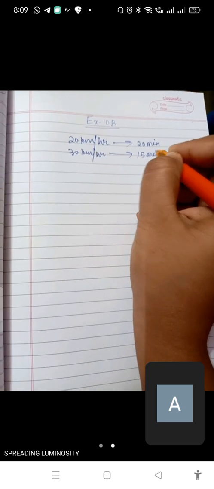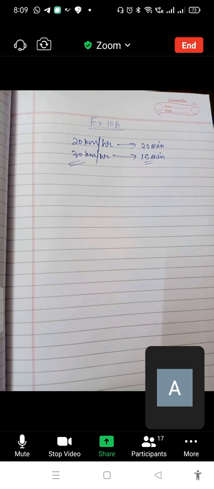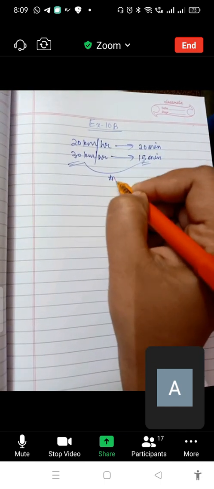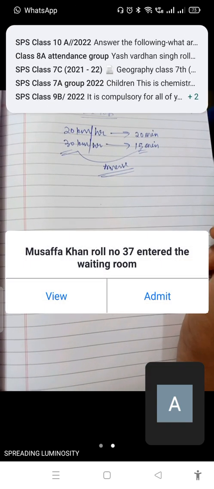Suppose 15 minutes. When we increase the speed, then the time decreases. This is called the inverse variation.